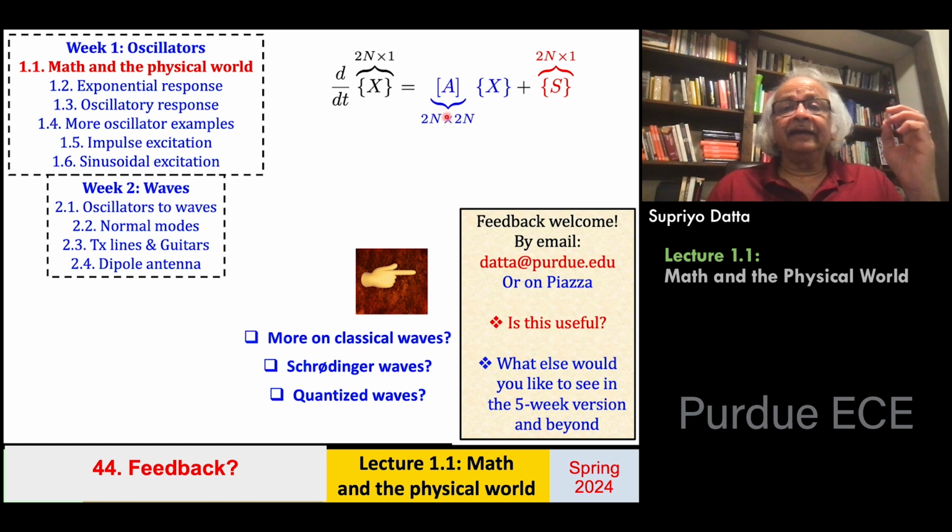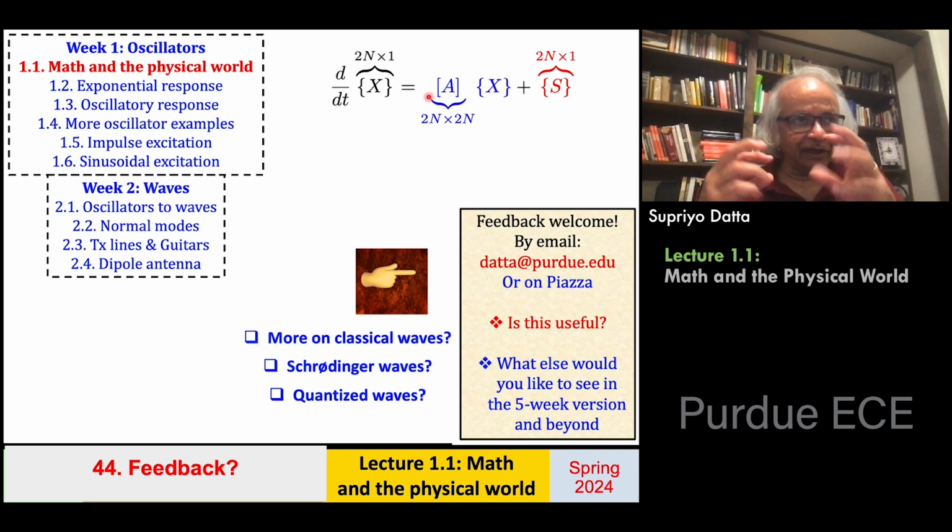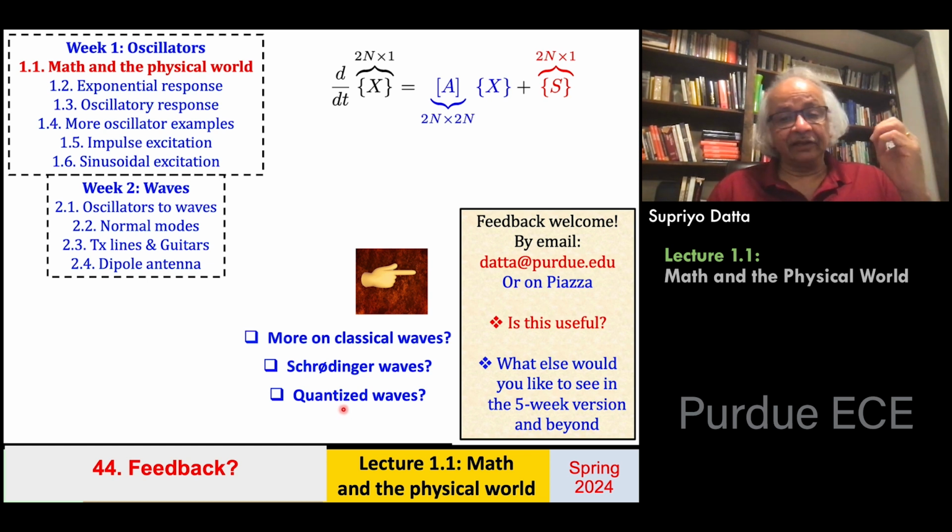You see, this equation, you could use it to describe classical electromagnetic waves, but it won't have the photon aspect to it. The photons, as you know, what it says is that these electric fields and magnetic fields are kind of quantized. You could have 1 photon, 2 photons, etc. And that is not quite contained in an equation like this. You need to take another step to get these quantized waves. So we could cover that as well.